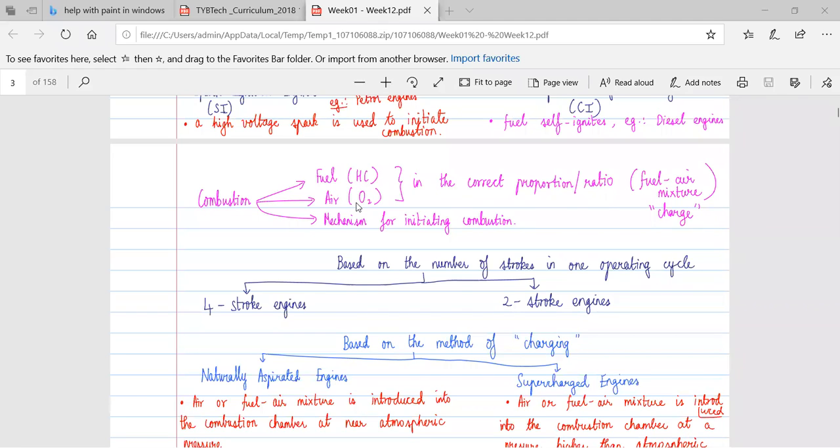These are mixed with oxygen, and there is a proportion to mix these two, the fuel and air. When we supply the fuel and air in a proportion or ratio inside the combustion engine, only then is proper heat produced, which is used to convert into kinetic energy.